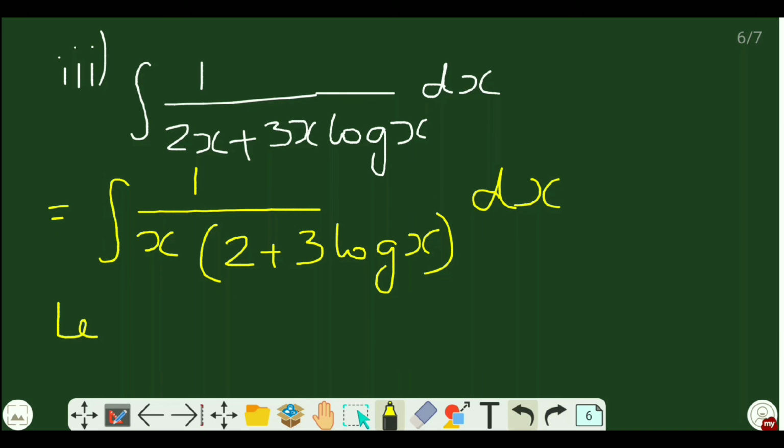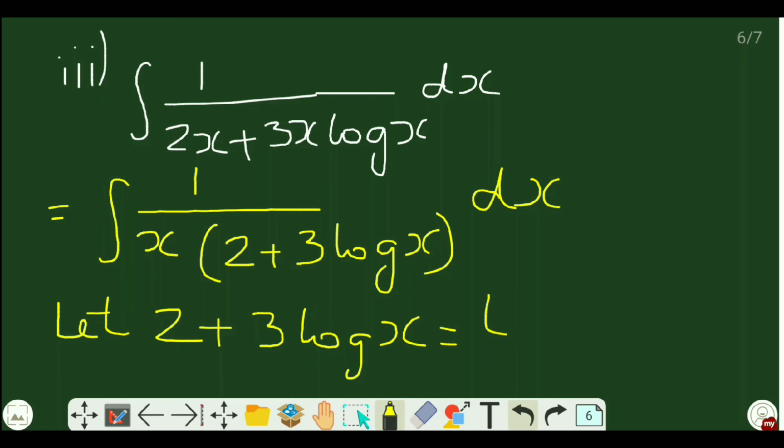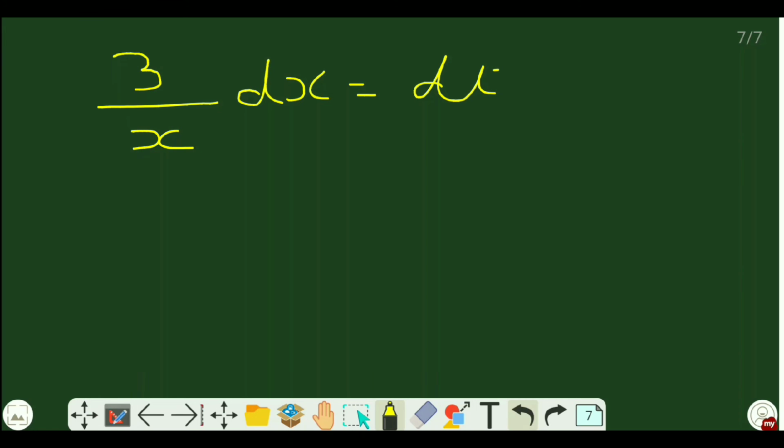So we write it like this: let 2 plus 3 log x be equal to t, and therefore upon differentiating both the sides, we get 3 upon x dx as dt. Taking 3 to the other side, we get 1 upon x dx as dt upon 3.